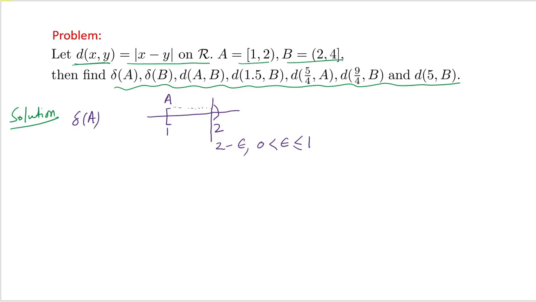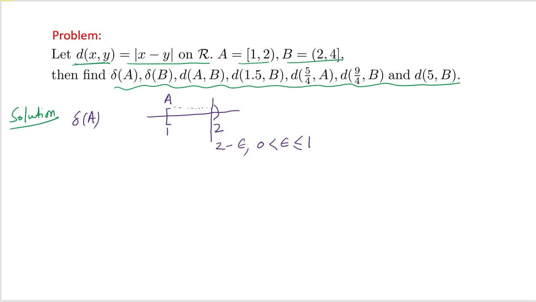You can see delta A, because you know the definition of delta A gives you that it is the supremum of all the distances between any 2 points of the set A. But we know that A is an interval, and therefore the largest possible distance between 2 points of the set A is always going to be the distance between the end points.